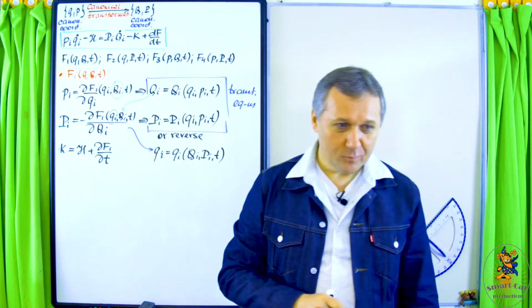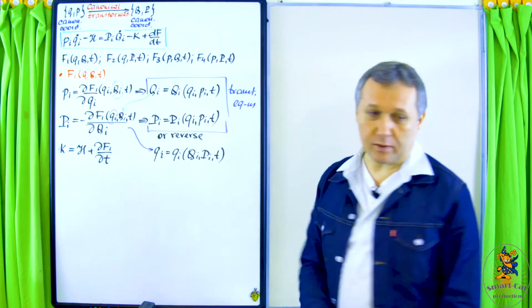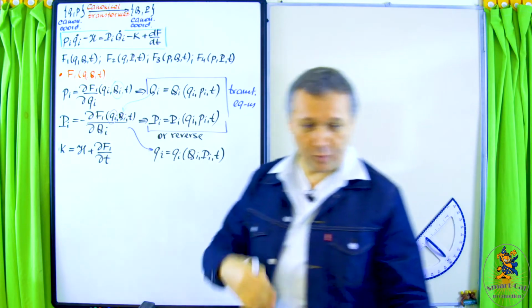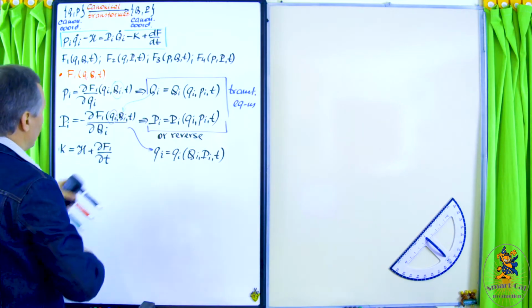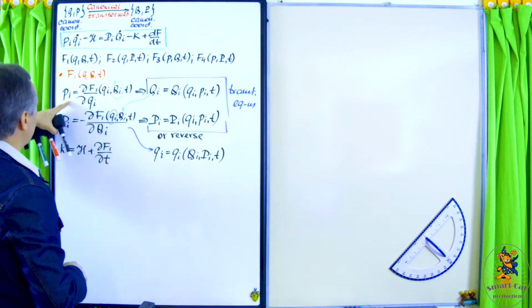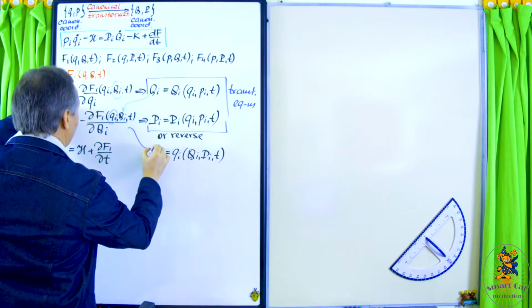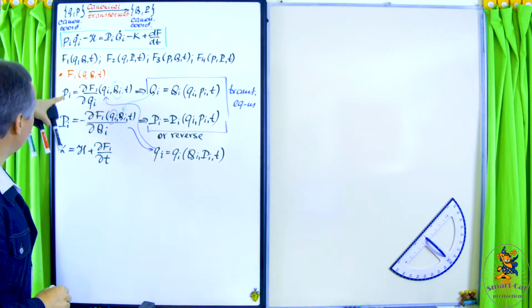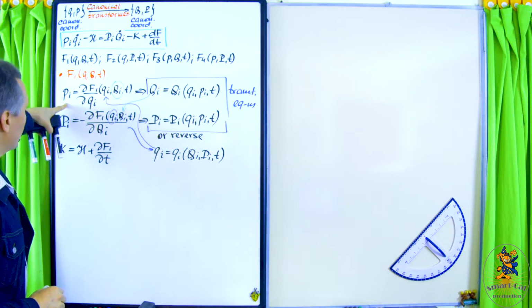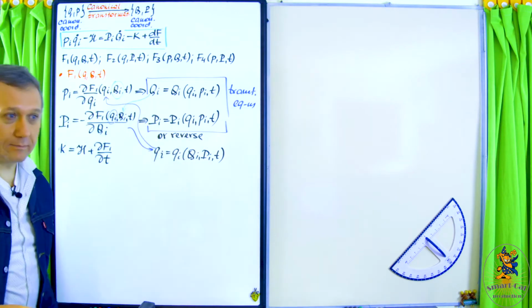Or, like books sometimes say, just out of this equation you can invert them and you can get how to go back. Then after this, how can you get p small? You will get this q small, plug it here, and as a result you will get p small in terms of Q capital and P capital.